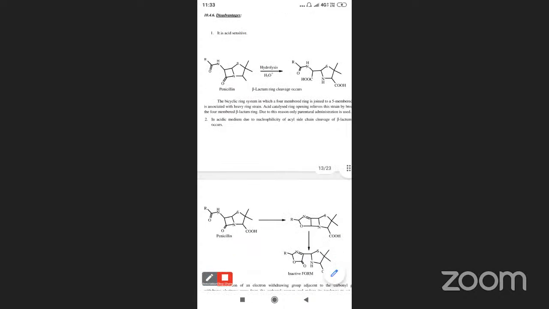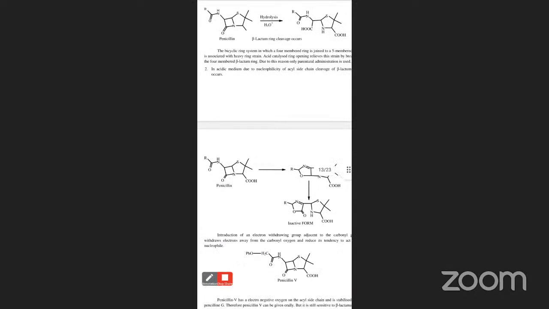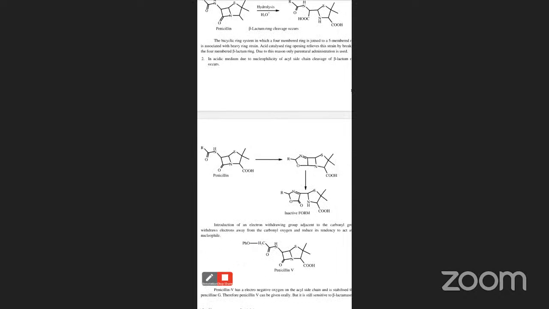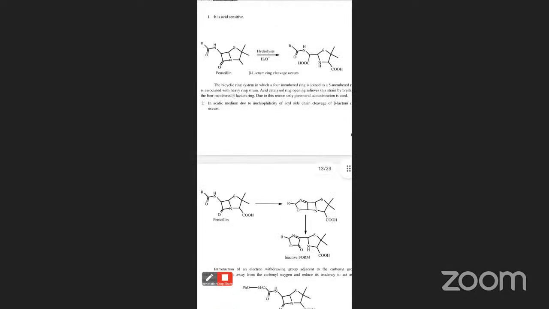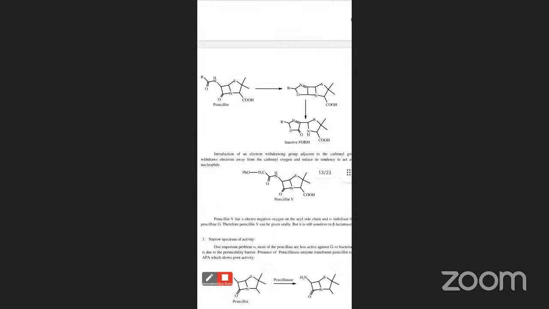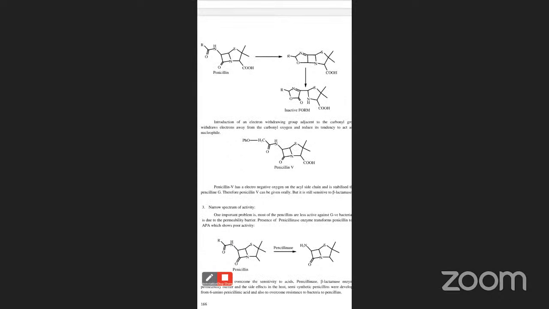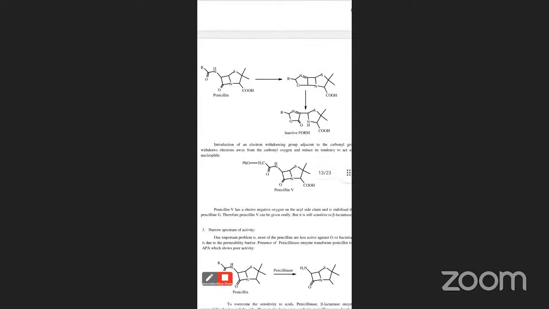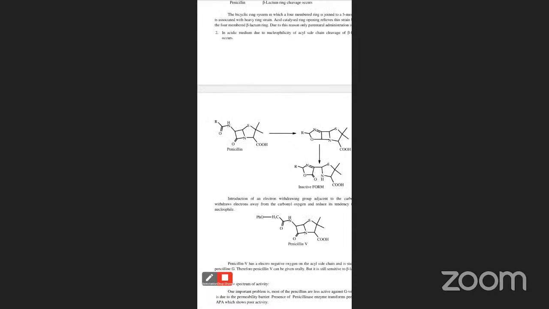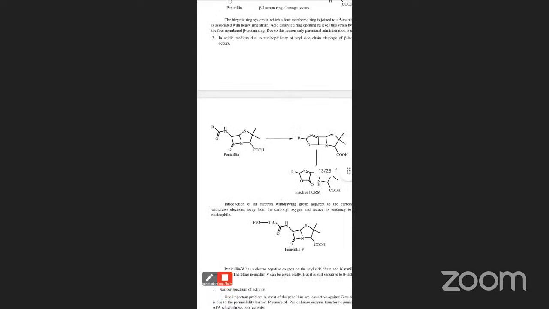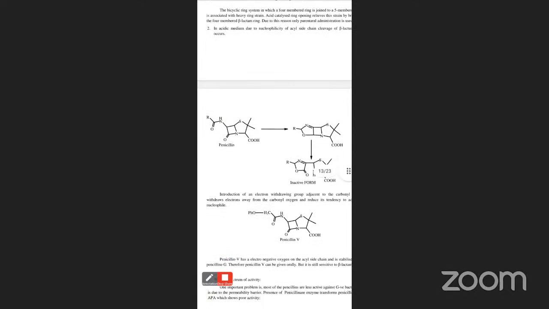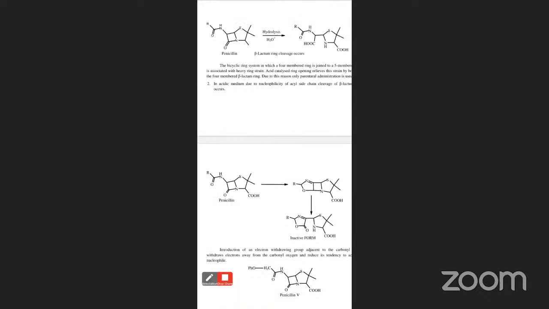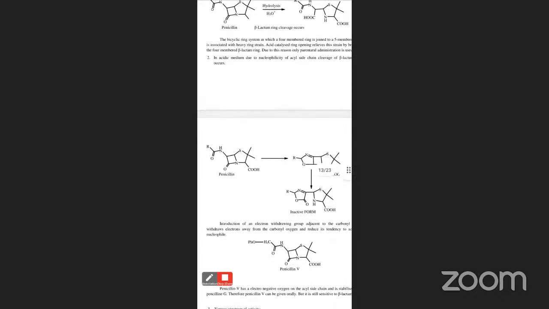It is acid sensitive. So to prevent this acid sensitivity, we prepared analogs of the penicillins. By substituting electron withdrawing groups and some other bulky groups here, we are making this beta lactam ring acid resistant.